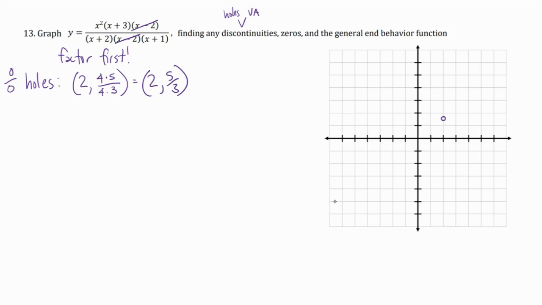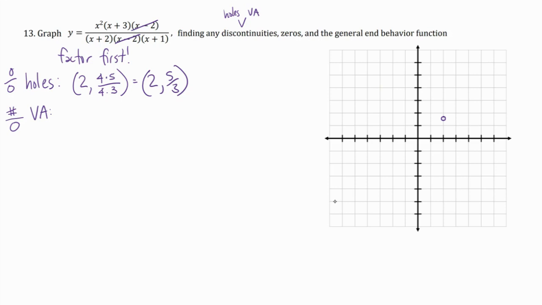Okay, the next thing you're going to do is find vertical asymptotes. Vertical asymptotes occur when you have a number that's not 0 divided by 0. So for example, if I plugged in -2, my numerator would be 4 times 1, so my numerator would not be 0.